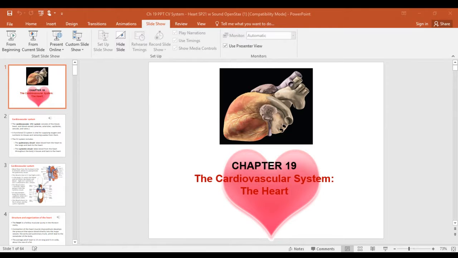Okay, the heart doesn't really look much like a Valentine heart like this. It looks more like this, so a little more complicated.